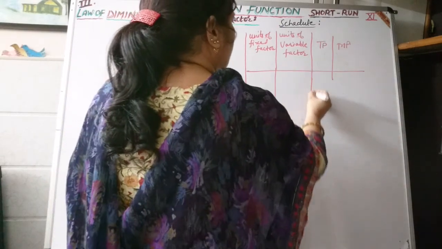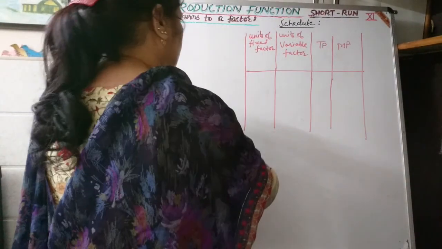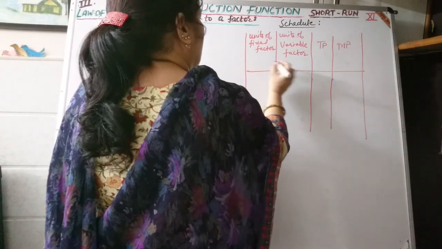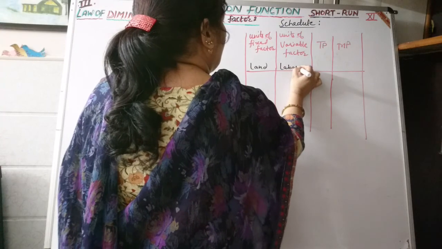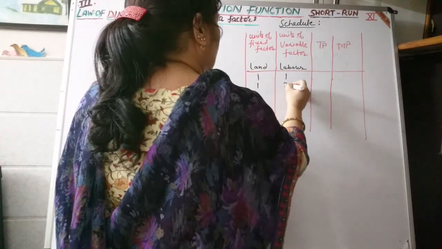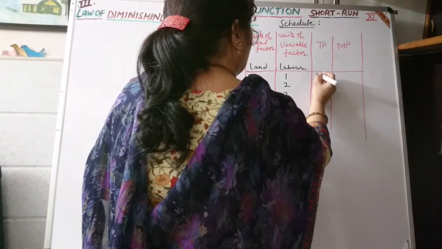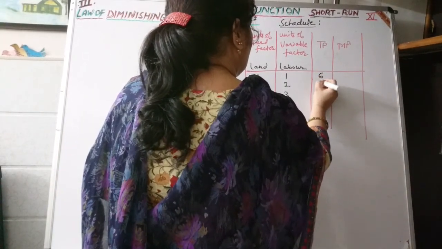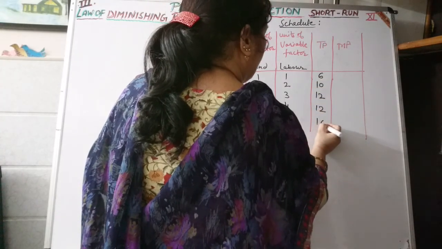We know that land is a fixed factor and labor is a variable factor. So land is fixed, labor is variable, and total production is 6, 10, 12, 12, 10.